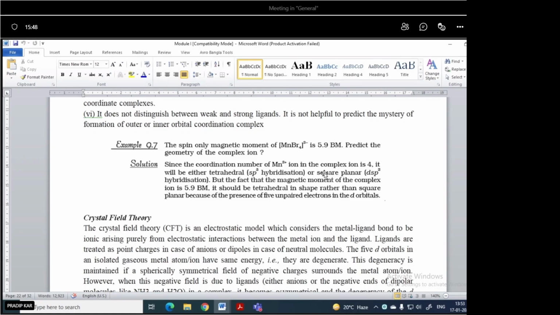From the opposite direction, we can also think that Br minus is a weak field ligand. It will interact with the outer orbitals to have the sp3 hybridization, and that is why it must be paramagnetic, with unpaired electrons in the d orbital. And depending on the number of unpaired electrons, how we can calculate that, we'll discuss later.